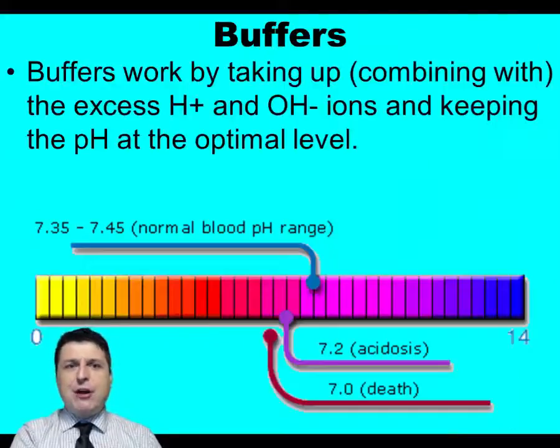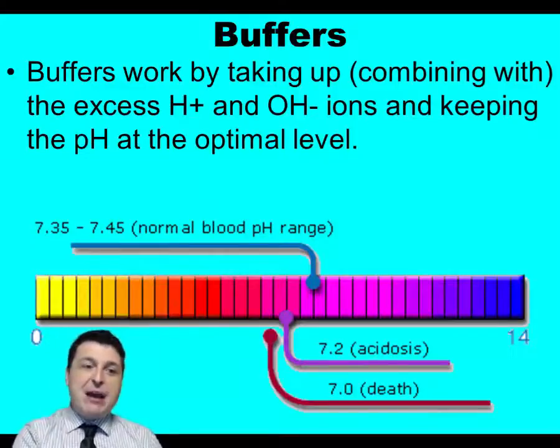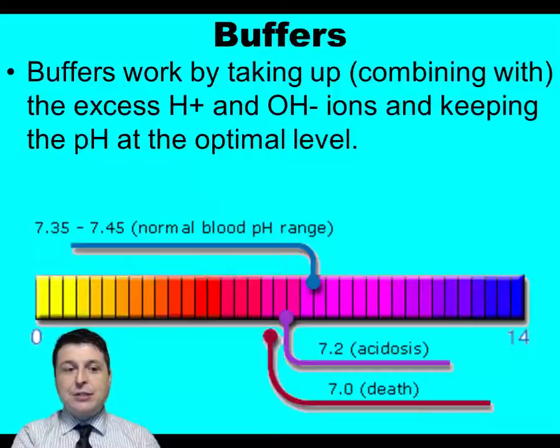Another good example of a biological buffer in us is the buffers that work in our blood. The way a buffer works chemically is that it combines with either the acid or the base to take up the additional hydrogen ions or the hydroxyl ions, so we can keep the pH at that optimal range.